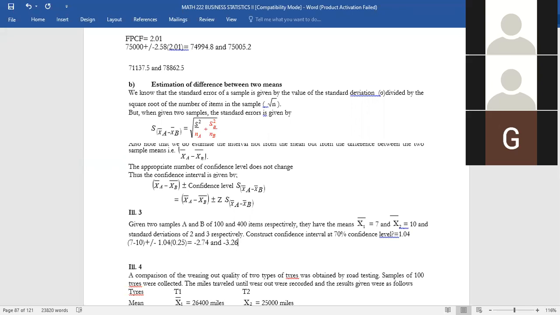Why do we square? We do that to avoid the negative answer. We say that variance is always non-negative. Do you recall?